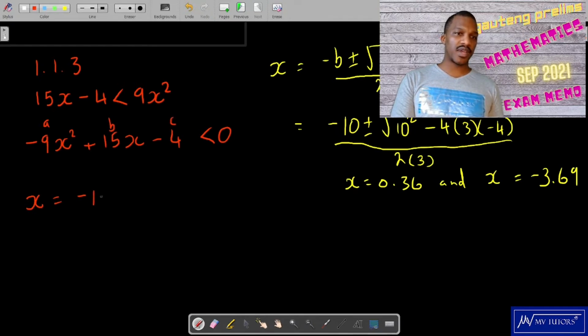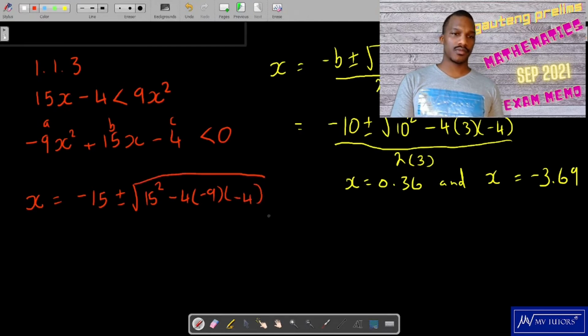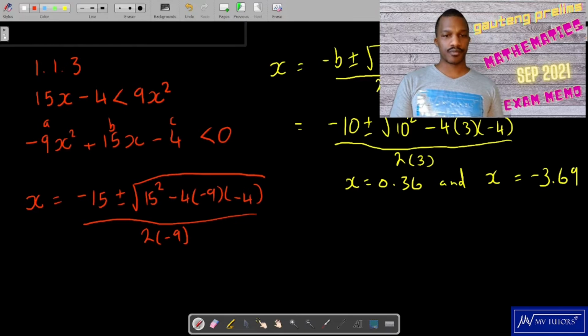Minus b is minus 15, plus or minus the square root of 15 squared minus 4 times a, which is minus 9, and then c is minus 4. All of this divided by 2 times a, which is minus 9.